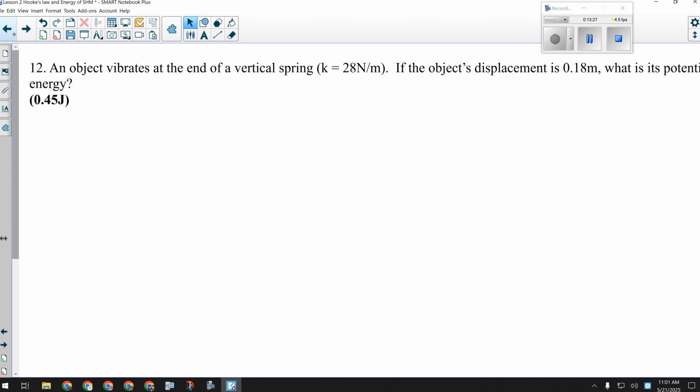All right, so we got a vertical spring. K is 28 newtons per meter. Object's displacement is 0.18 meters. What is its potential energy?